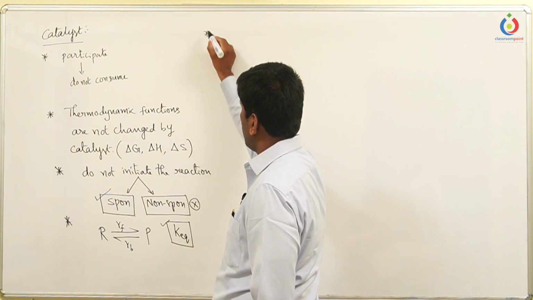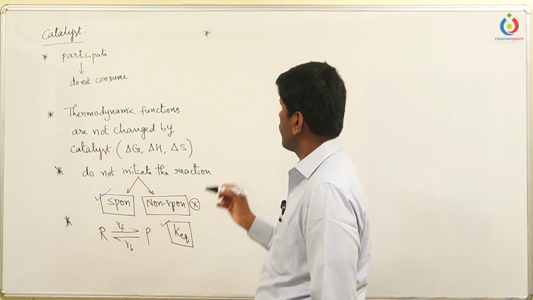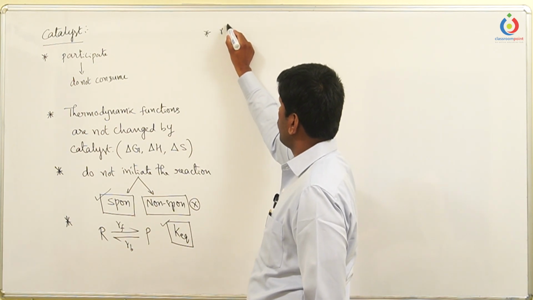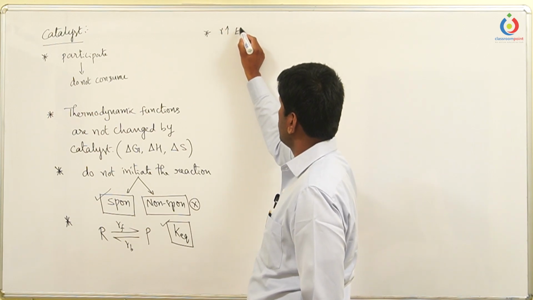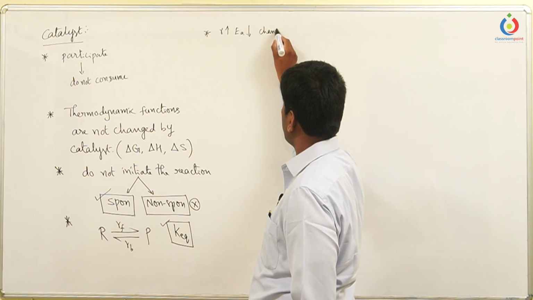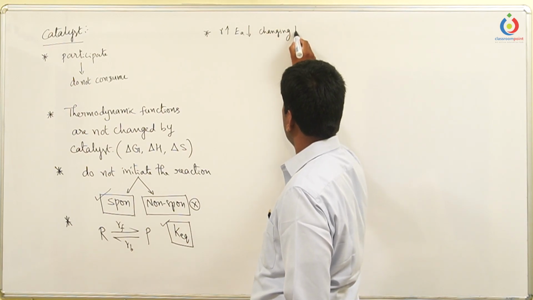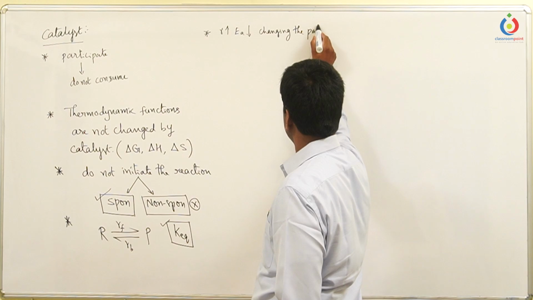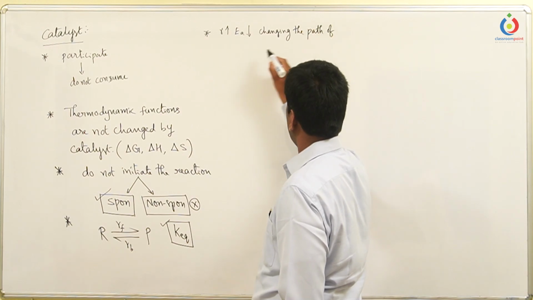What else does the catalyst do? A catalyst increases the rate of reaction by decreasing the activation energy and by changing the path of the reaction.